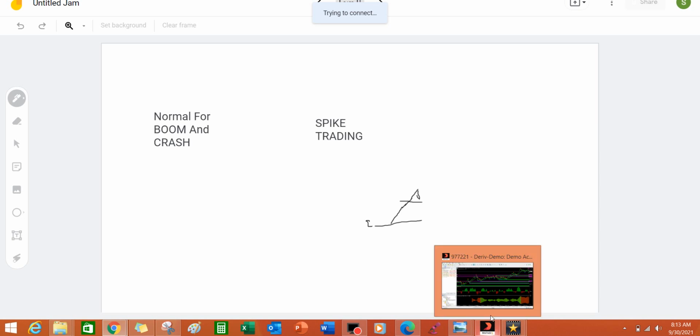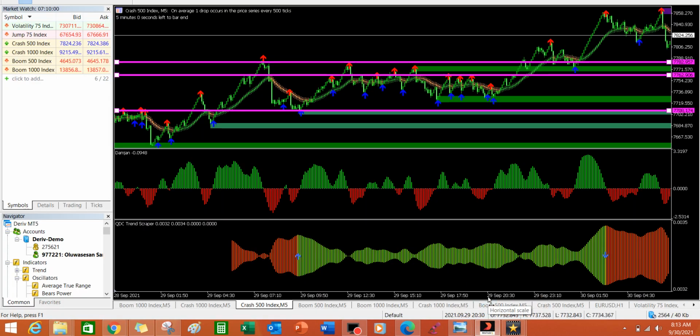So that is the way it works. That is why I said you shouldn't use it on 1 minute time frame, because of the reaction of the market on 1 minute time frame. So that is it. Let's see more examples.